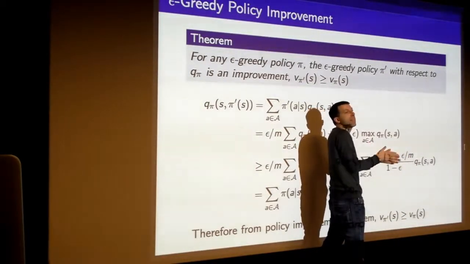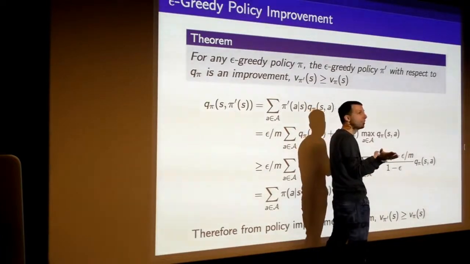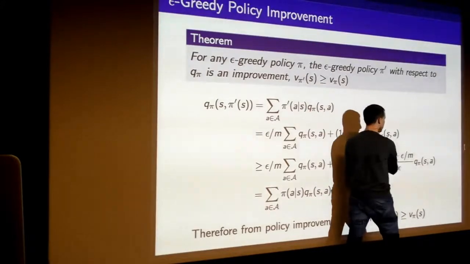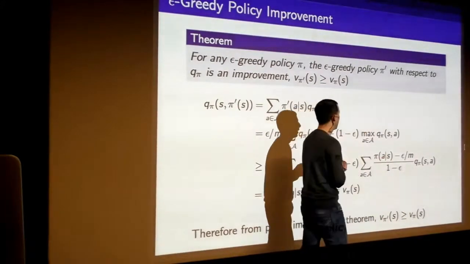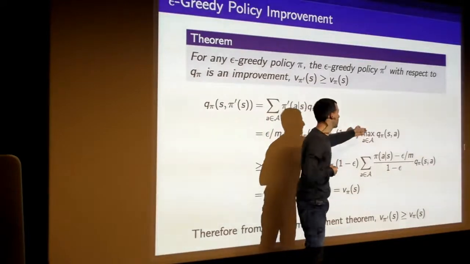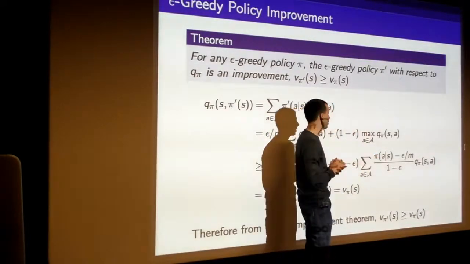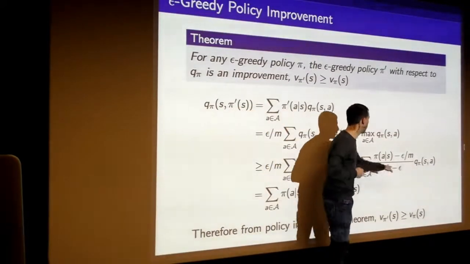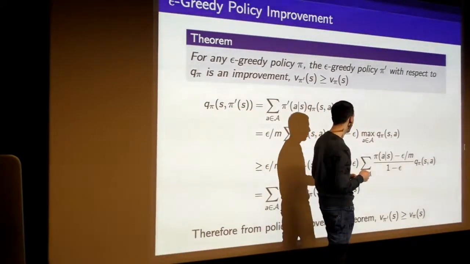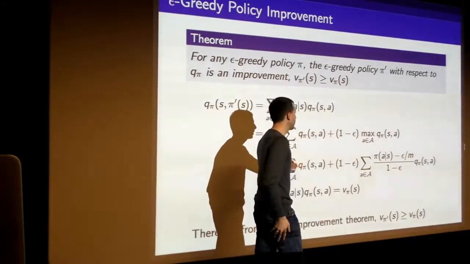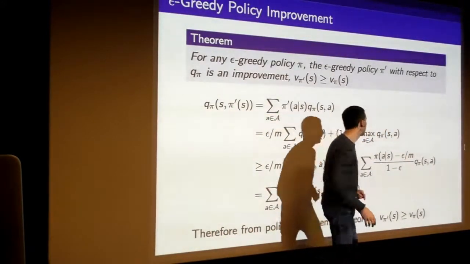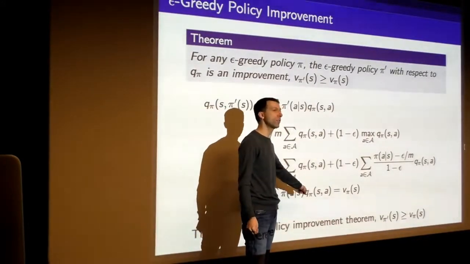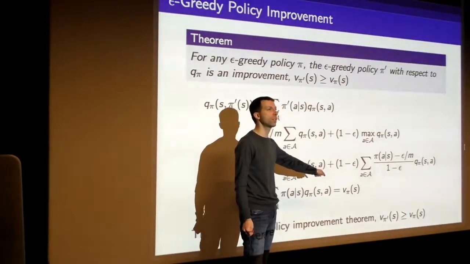The max is better than any weighted sum of your Q values. So we're going to choose one particular weighting that sums to 1 here, and say that the max has to be better than that weighted sum of your Q values. Now you can just collect terms together, and we see that we've got 1 minus epsilon on 1 minus epsilon. So this term over here just cancels with this term over here, and you're just left with an expectation over your Q values, which is your original value function.